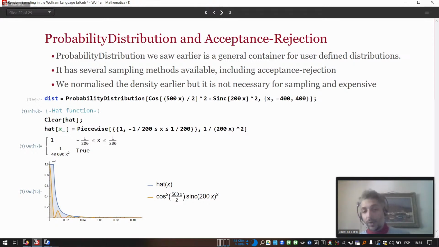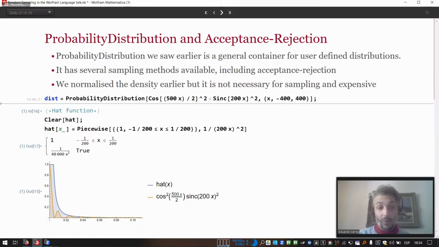So we wouldn't want to use these general purpose algorithms for the built-in cases. But if you're defining your own probability distribution and you want to use acceptance-rejection, and you define a suitable hat, this can be a very fast and efficient sampler.